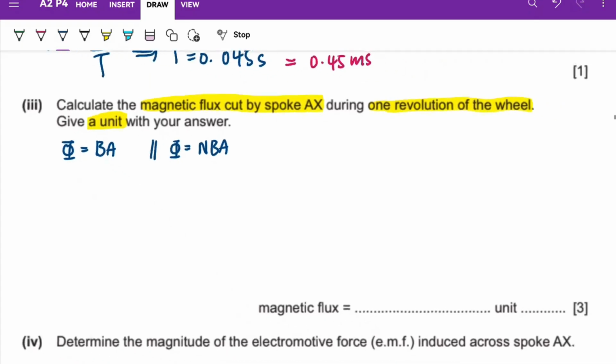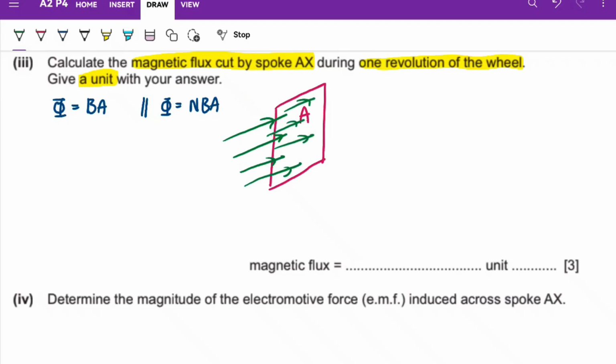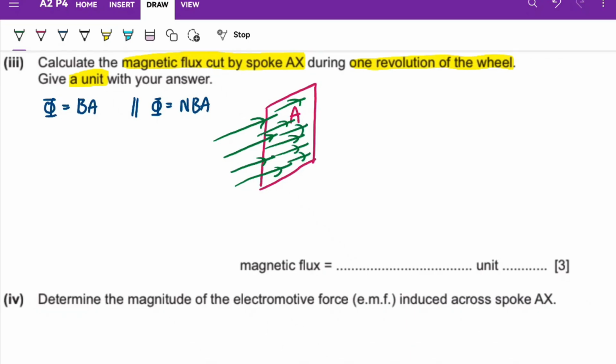Okay, let me explain. So imagine this is the area covered, and we have a magnetic field, because they say into the page, right? Each of this magnetic field has a density of 0.18 Tesla. All of these fields, each of them has 0.18 Tesla.